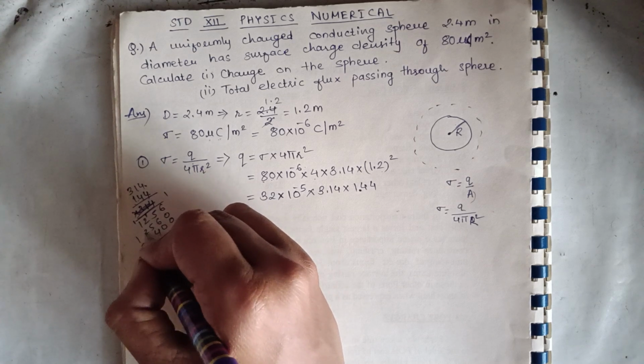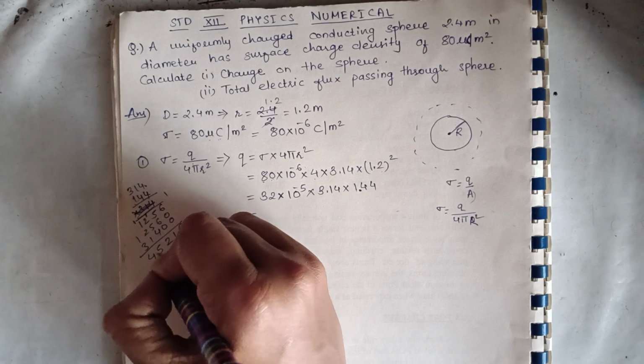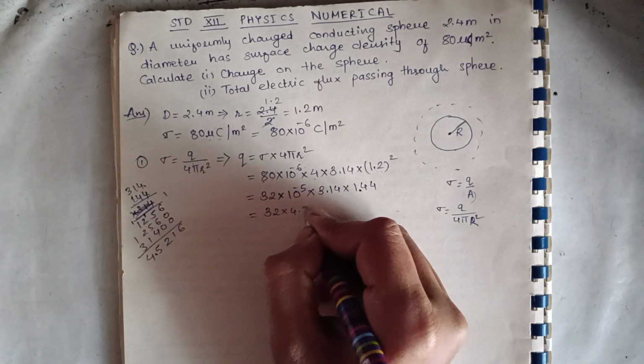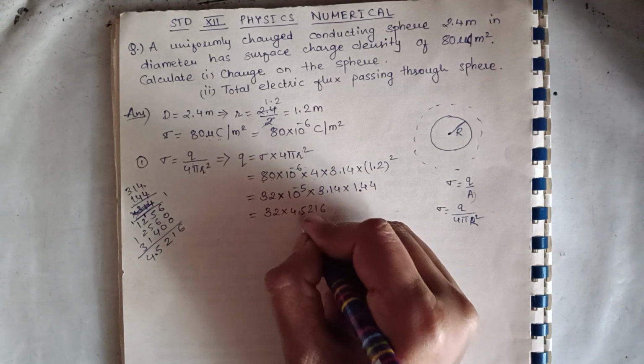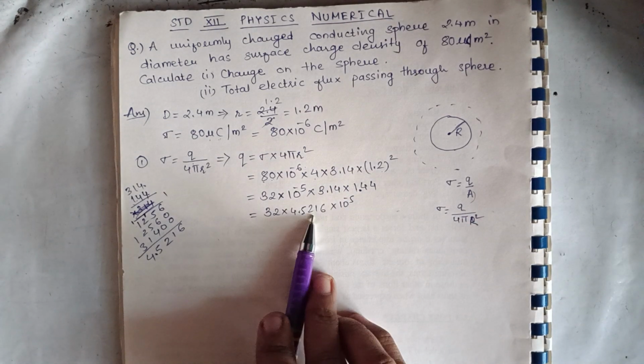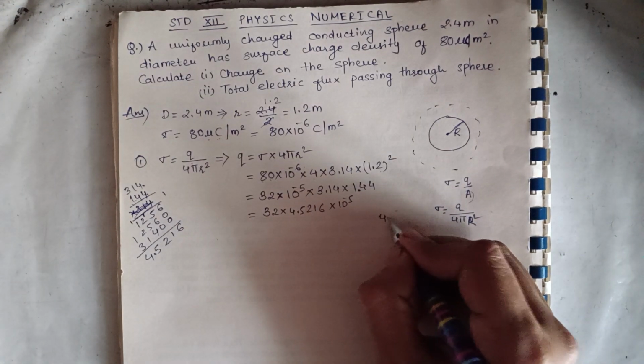12, 5, 4, point is 4.5. Okay, then you have to multiply this. So I'll take 4.52.